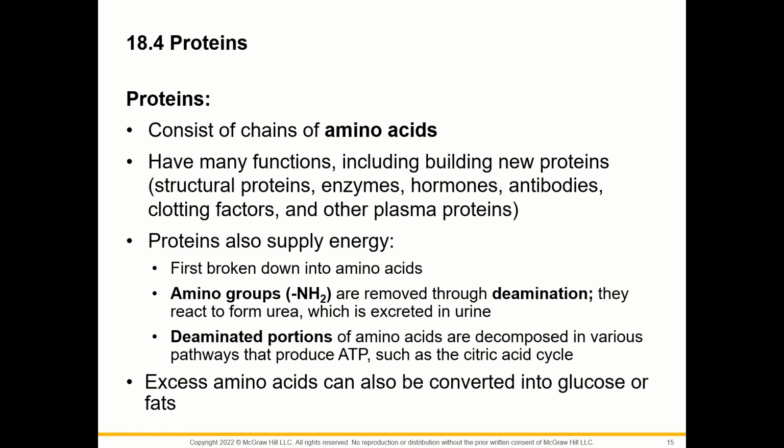Some animals will excrete the waste products as ammonia, but our bodies break that ammonia down into urea because it is less toxic. Excess amino acids can also be converted into glucose or fats.